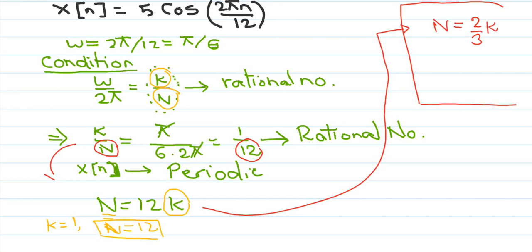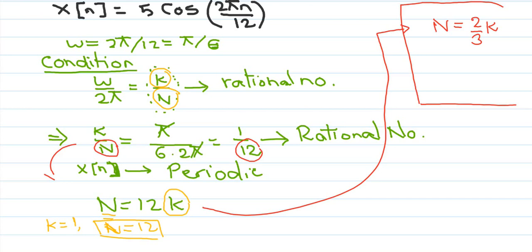Now, if you want to get the integer value of n, because we are talking about a discrete time signal, my fundamental period should also be an integer value. It is the number of samples, and the number of samples cannot be fractional, it must be complete samples.